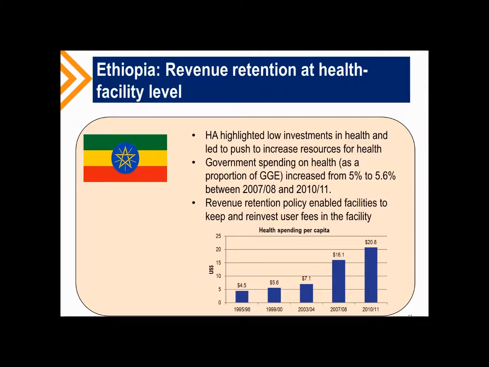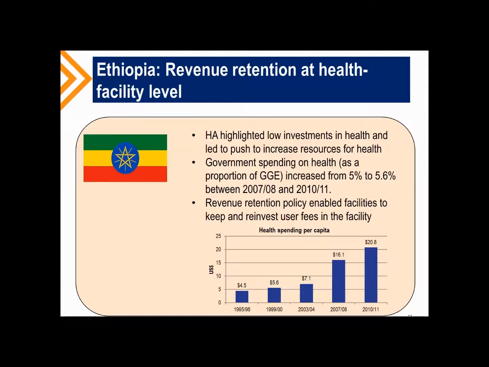Total health spending per capita was around $7 US, and in the years before that, it was still quite low. As a result of this data, there was a constant push on all fronts to increase resources for health. And you can see that increase in later years of health accounts data.